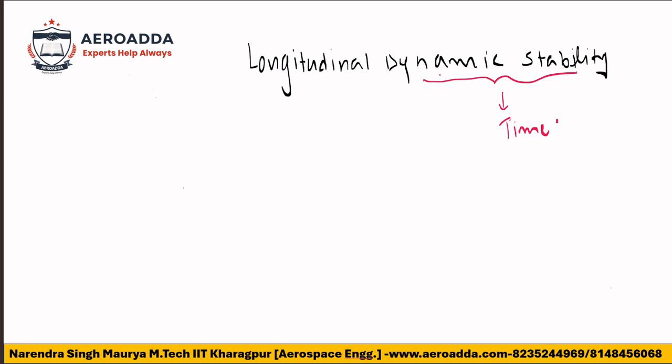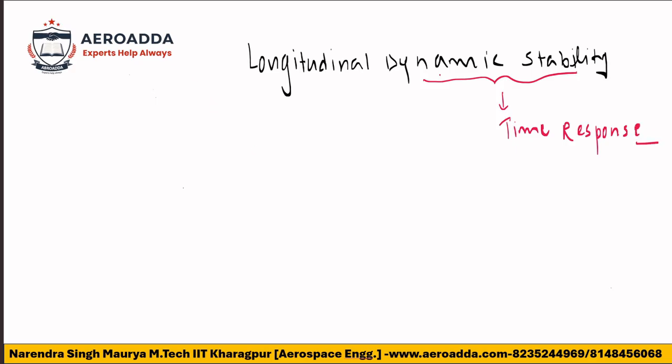Means if it is oscillating because of the disturbance, the oscillation should be damped oscillation. Damped oscillation means the amplitude should decrease, that should be convergent oscillation. I will show you all three. Okay, so it's a time response. Dynamic means it's a time response.